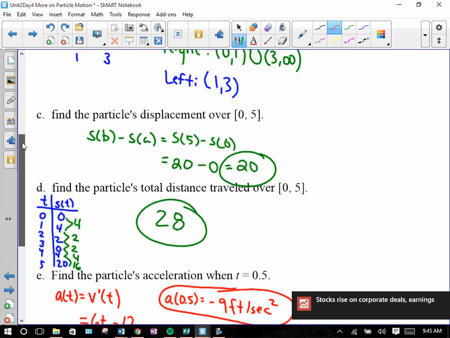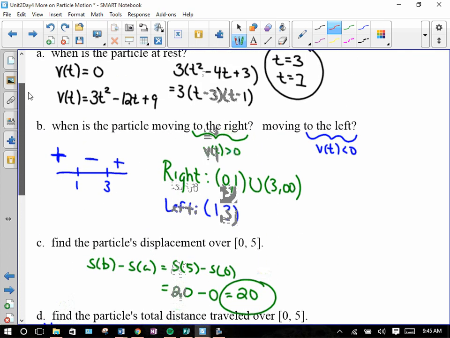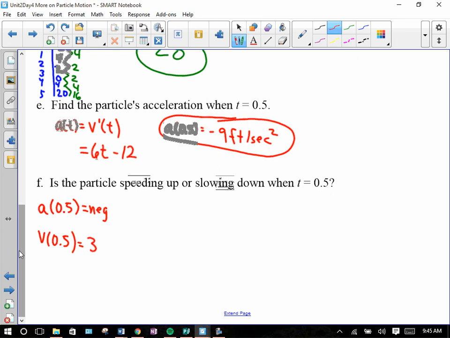So plug it in. The velocity function is 3t squared minus 12t plus 9, so it's 3 times 0.5 squared minus 12 times 0.5 plus 9. 0.5 squared is 1/4, so 3/4 minus 6 plus 9. 3/4 minus 6 is negative 5 1/4, and negative 5 1/4 plus 9 is a positive number.